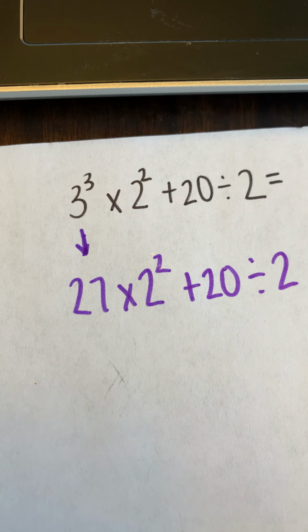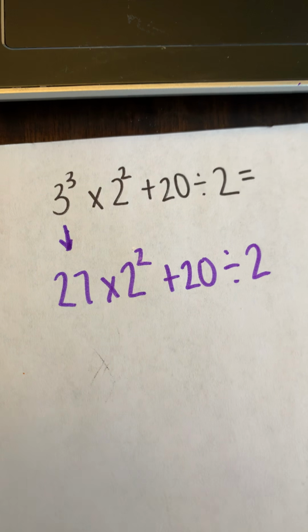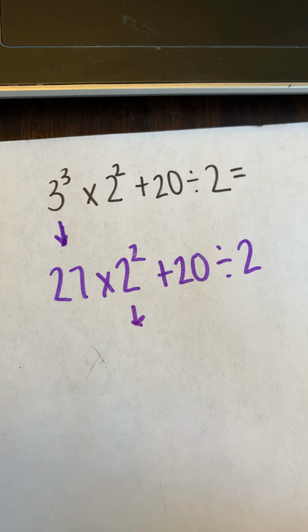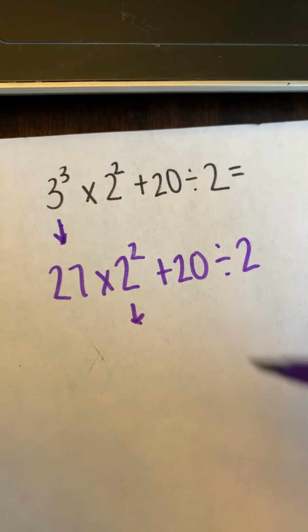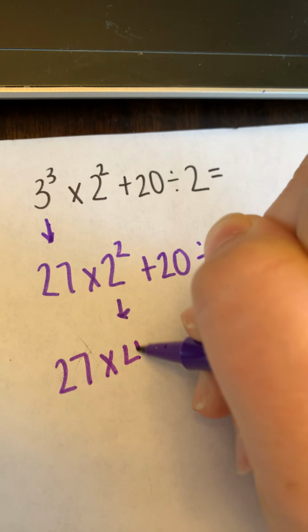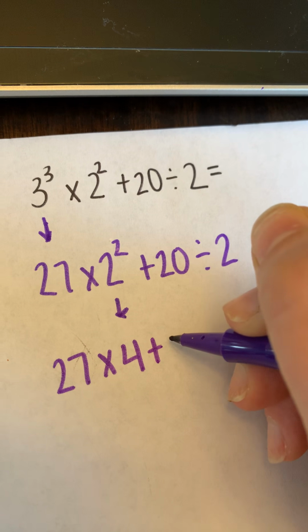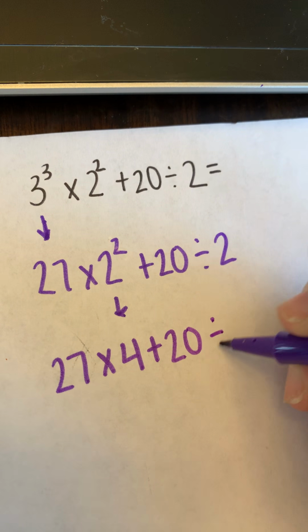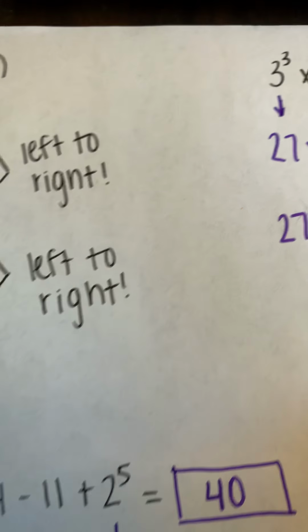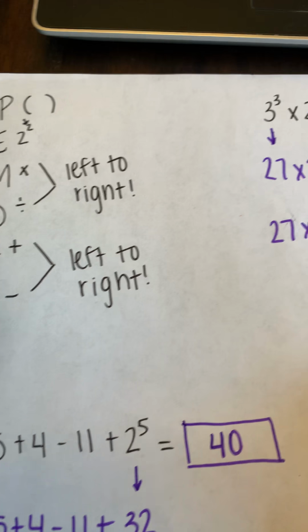Now I need to ask myself, do I have any more exponents? And I do. I have 2 to the 2nd power, which I know 2 times 2 is 4. So I have 27 times 4 plus 20 divided by 2. My next step is to multiply, divide from left to right.